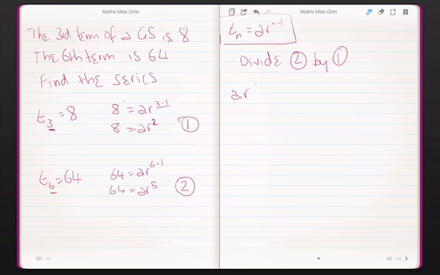So ar to the power of 5 equals 64, divided by ar squared equals 8.